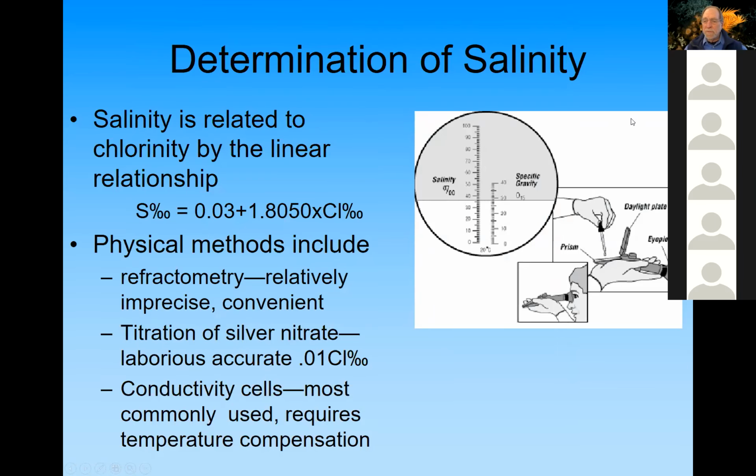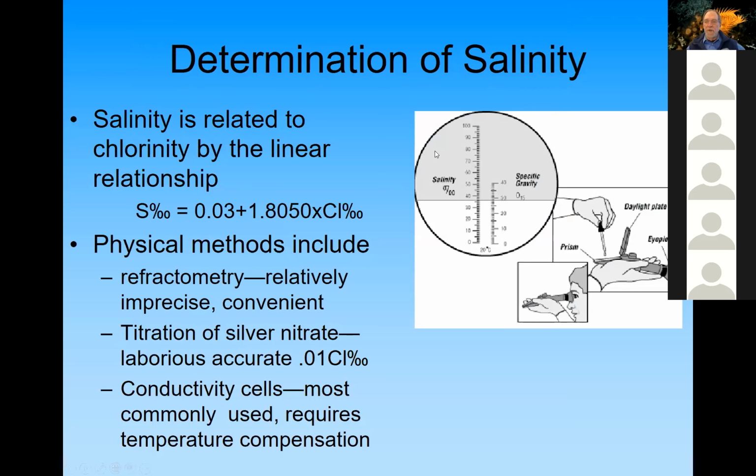Okay, so we've been talking about salinity and measuring salinity. Determining the salinity of ocean water is very important for understanding how ocean water is structured, because remember, salinity is one of the things that causes ocean water to have different densities.